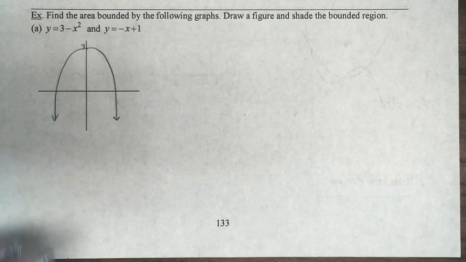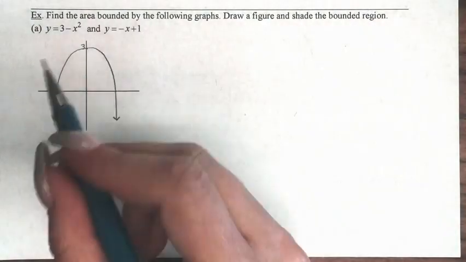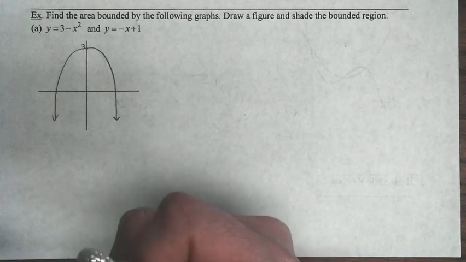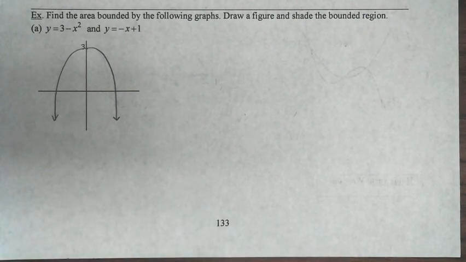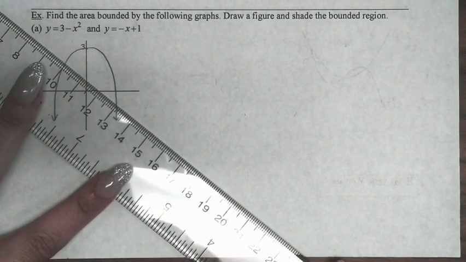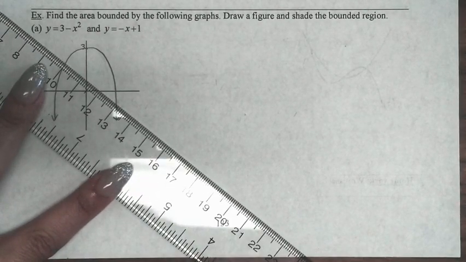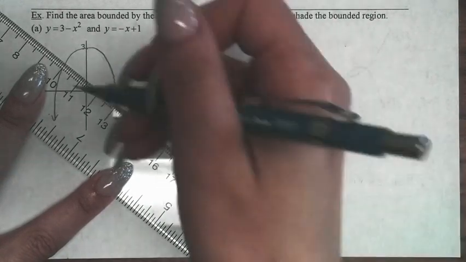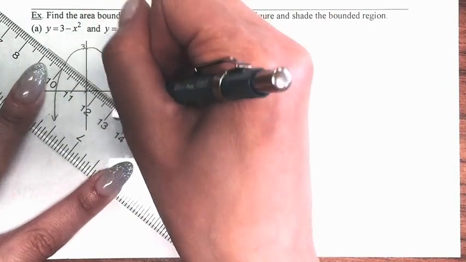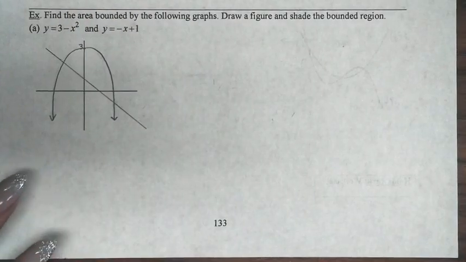So that's your first equation. The second equation that you have over there is a linear equation. So you know that it's decreasing, and you know that the intercepts are (1, 0), and what's the other one? (0, 1). Okay, so you have a situation that looks like that.